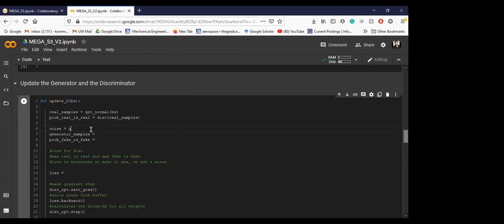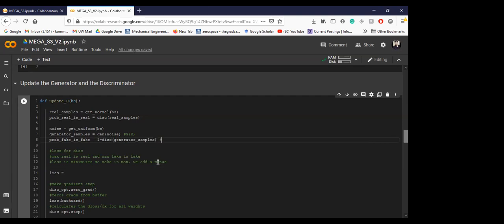And we know that the noise is a uniform distribution. And the generator samples can be obtained by just saying gen of noise. So this is the G of Z term, and the probability that fake, or the generator samples, is fake is basically 1 minus discriminator of generator sample.